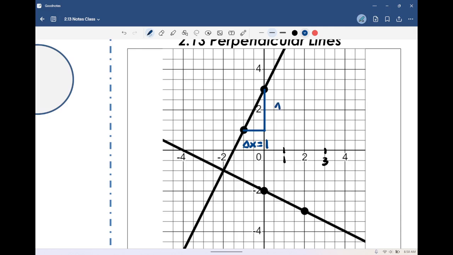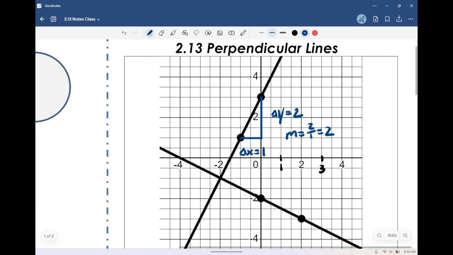Our change in y, we're moving 1, 2, 3, 4 boxes, but that's really only how many units because of the scale? Well, 2. So I know my slope is 2 over 1, which is really just 2. And then I just need my y-intercept.